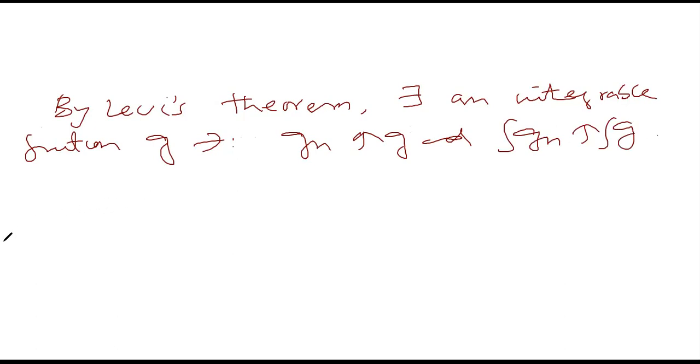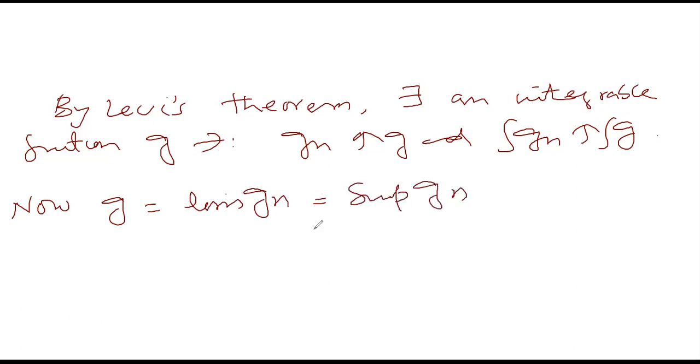Now what's g actually? g is equal to the limit of gn. That's equal to the supremum of gn, because gn is monotonic increasing.